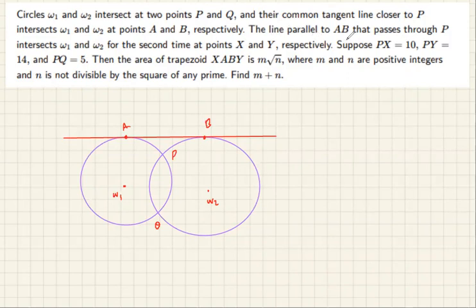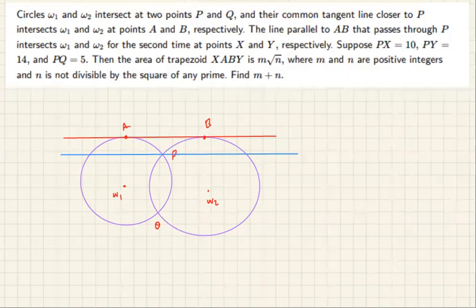And the line parallel to AB, okay, that's the line. Then we have another line parallel to AB that passes through P, passing through this point, and intersects the circles at two other points, X and Y. So it will be something like this, I guess.